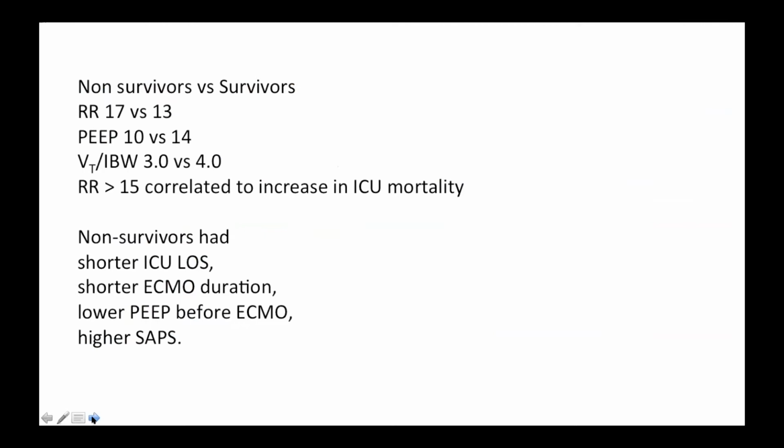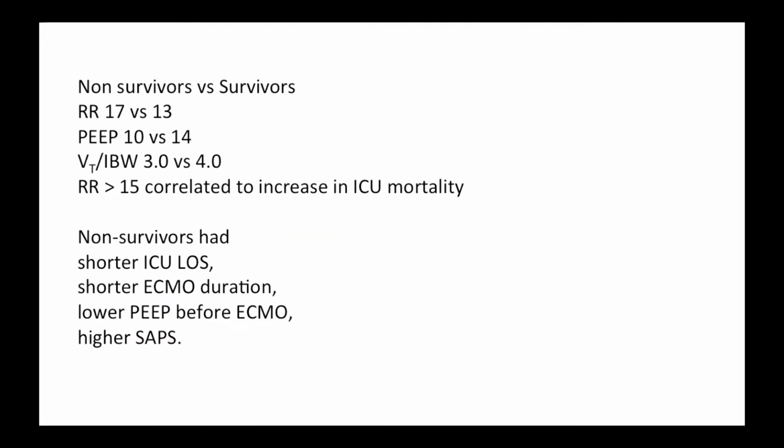So finally, we could see that if we looked at the non-survivors versus the survivors, the respiratory rate was decreased, the PEEP was increased, there was a slightly increased ideal tidal volume, and a high respiratory rate correlated to an increase in ICU mortality.